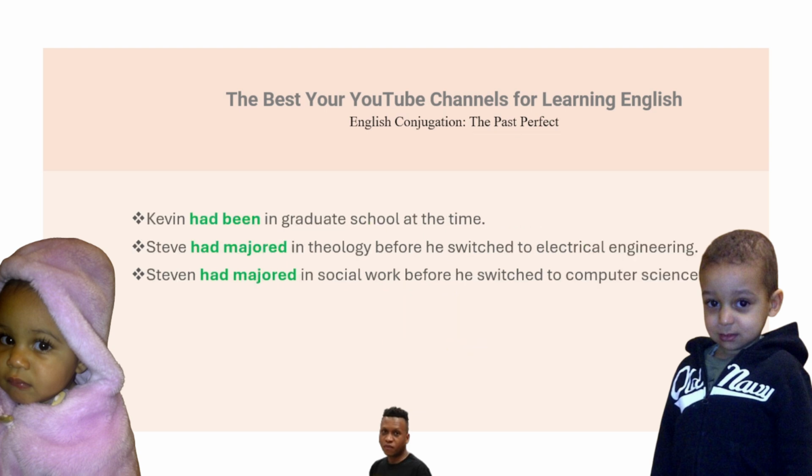Next is still part of the past perfect. Kevin had been in graduate school at the time. Steve had majored in theology before he switched to electrical engineering. Stephen had majored in social work before he switched to computer science.